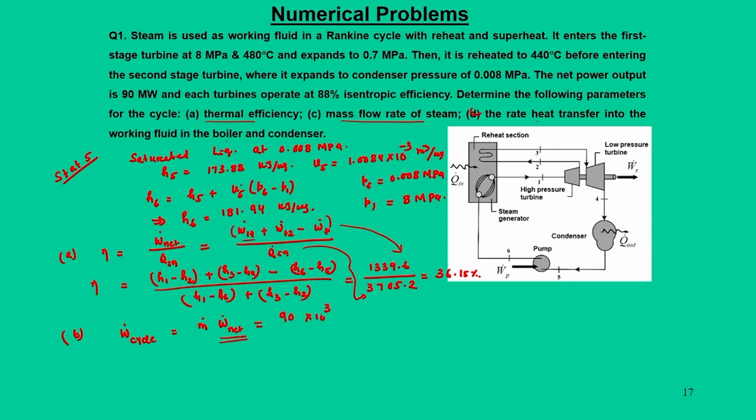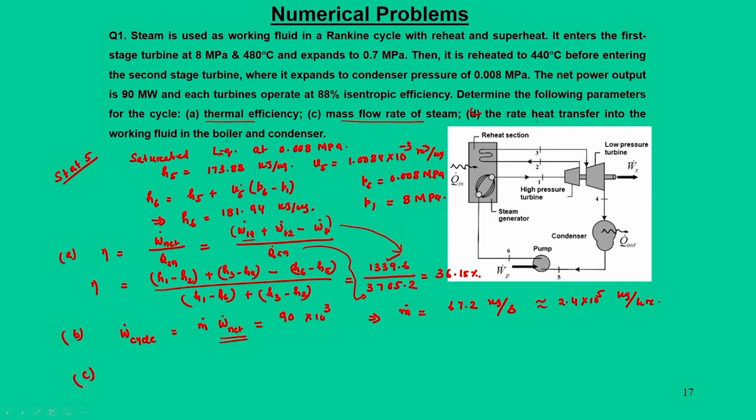So, w_net is 1339.6. This will give you m dot as 67.2 kg per second, or approximately 2.4 into 10 to the power 5 kg per hour.